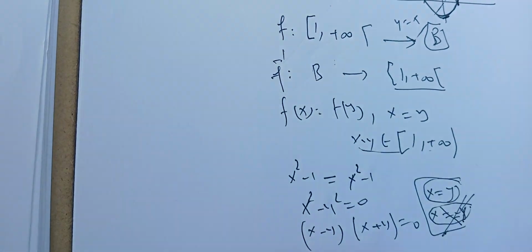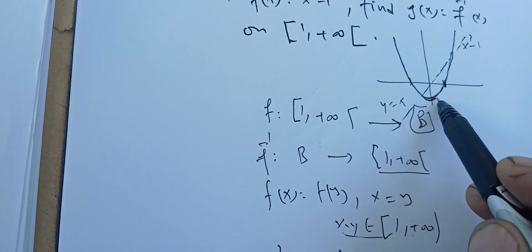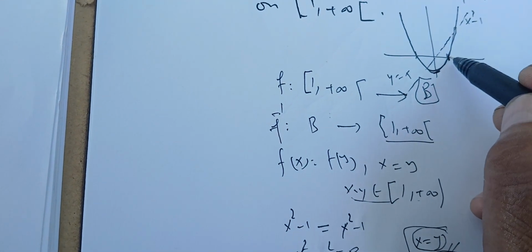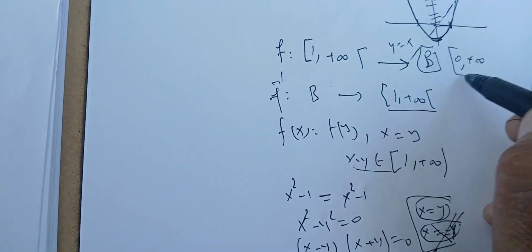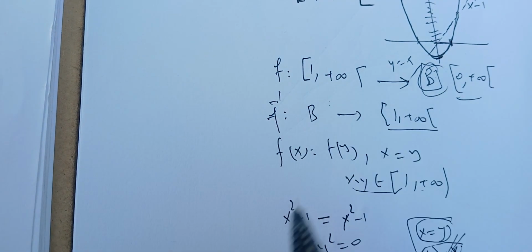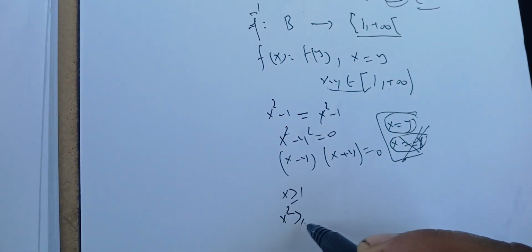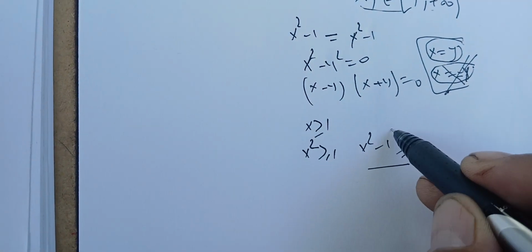To prove that f is surjective, we can see graphically that if we restrict the domain to 1 to infinity, the range is going to be 0 to plus infinity. That's our b. So let's prove this. Given that x is bigger than 1, x squared is bigger than 1, and this proves that x squared minus 1 is bigger than 0, and this is our y.